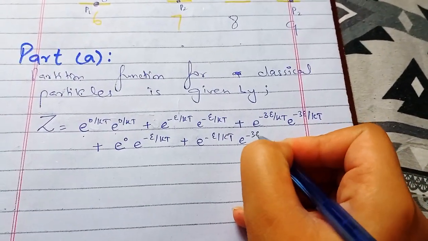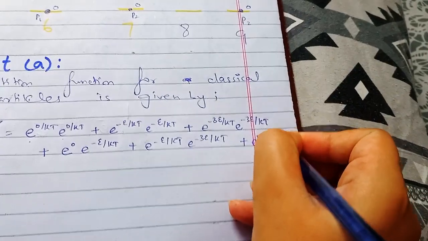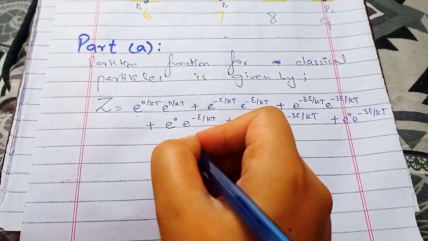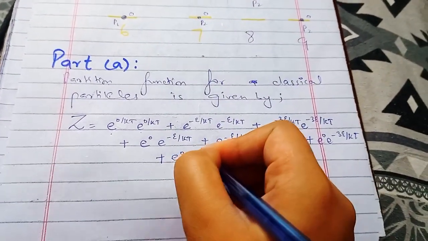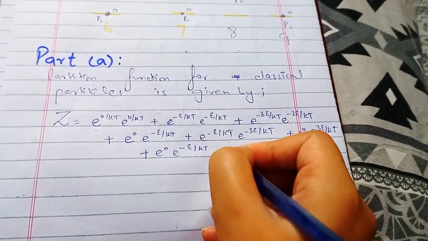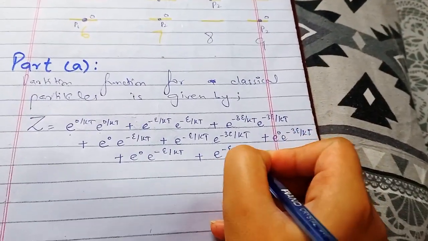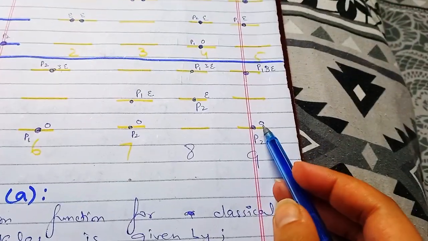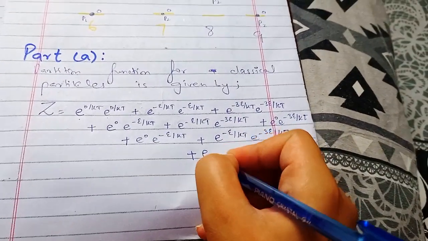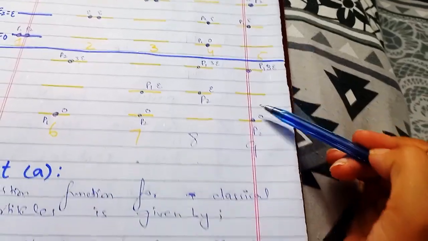Once this diagram is in front of you, the solution is really quick. 0 for the first, 3E for the second, plus 0 for the first, E for the second, E for the first, 3E for the second, 3E by kT, and last is 3E for the first and 0 for the second.